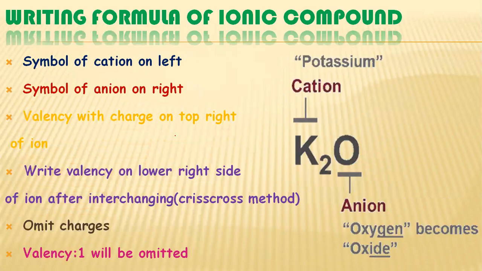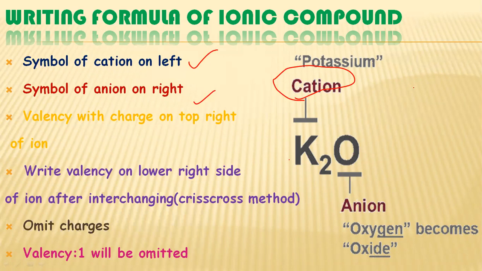Okay, so how do we write formula of ionic compound here? First, we'll give symbol of cation on the left. Cation means which is positive. We'll write on the left side. Like this one is cation here. That is potassium. We write on the left side. Anion we'll write on the right side, like here. How do we know this is cation and anion?